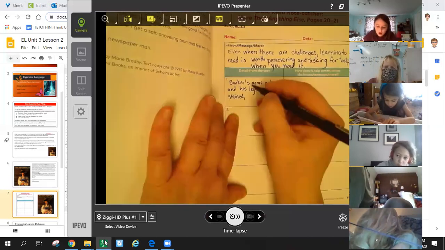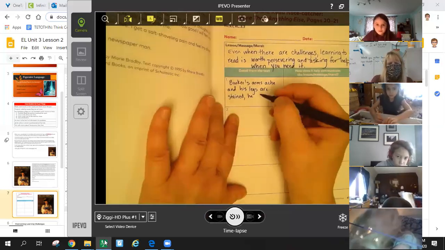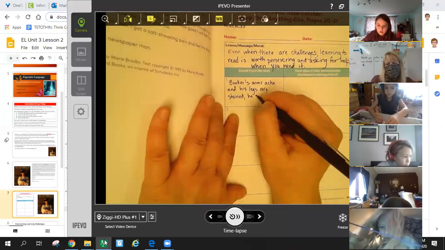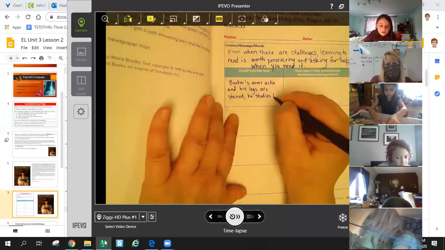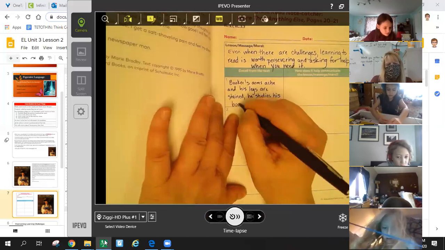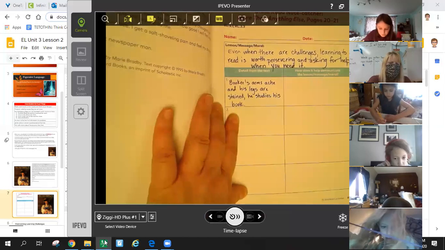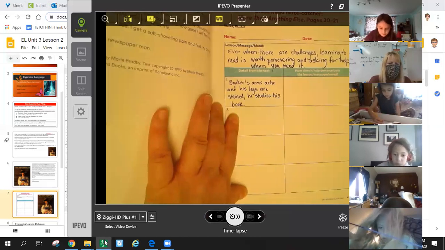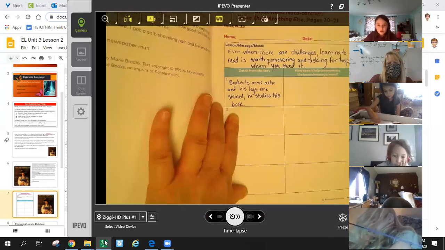He still does what? He still studies his book. Did we take that idea directly from the text? We did. It's directly in the text. It's that first sentence on page 68. It came directly from the book.